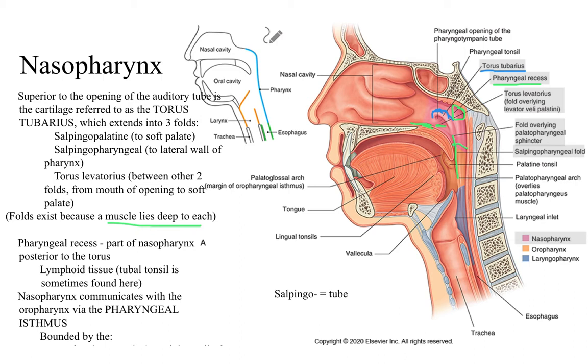And then this area right here is going to be the pharyngeal isthmus, which is going to communicate the nasopharynx to the oropharynx. And that's going to be bounded anteriorly by the soft palate, and then the wall of the pharynx posteriorly, the transition zone.